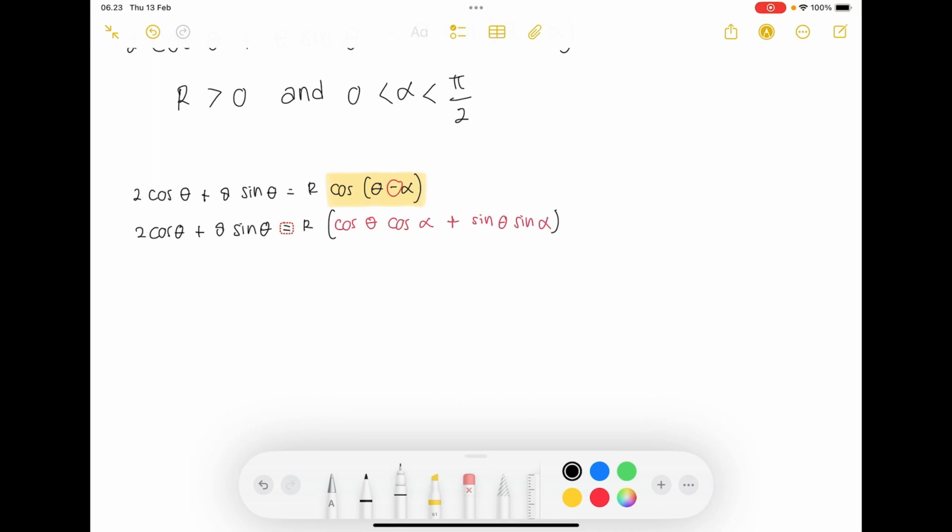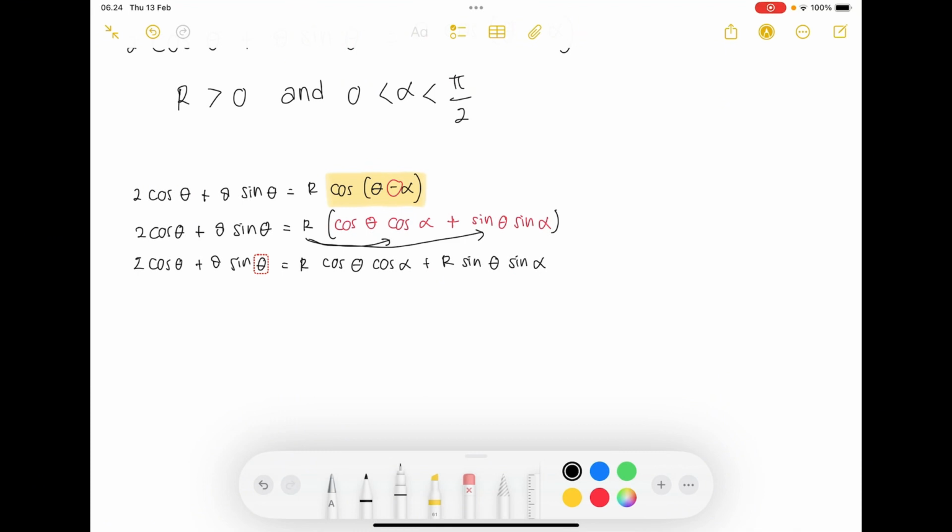Okay, let's just rewrite it here again. And this r, we need to expand the brackets. Okay, expand the brackets so that you will come up with the value of r cos theta cos alpha plus r sin theta sin alpha.